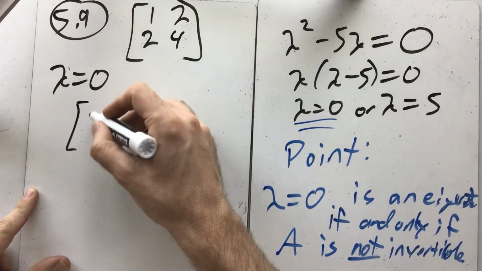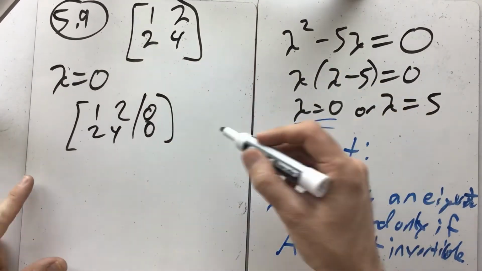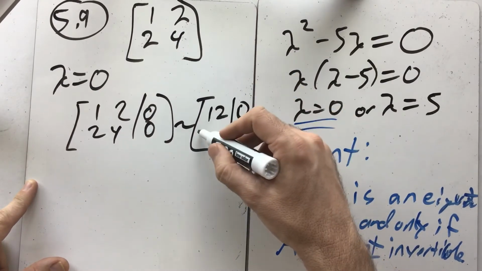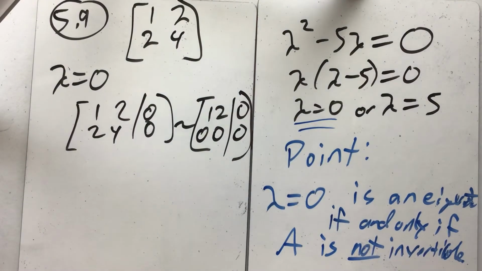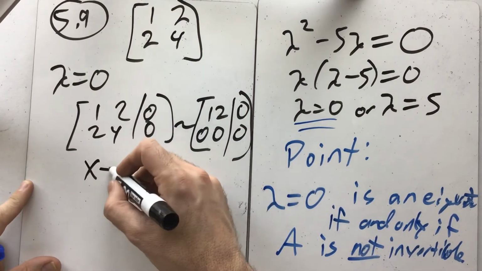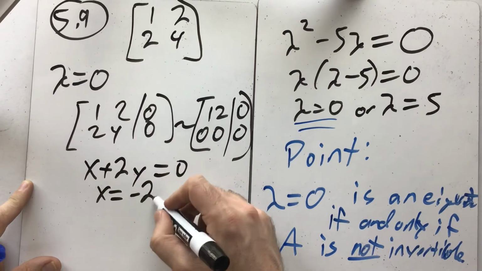So we're just taking 1, 2, 2, 4, 0, 0, and simplifying that to 1, 2, 0, 0, 0, 0. Sorry, I'm squishing on this piece of paper here. I'm feeling really lazy after I've been doing all of these. So we get 1, 2, 0, 0. What does that mean? That means x plus 2y equals 0, or x equals negative 2y.